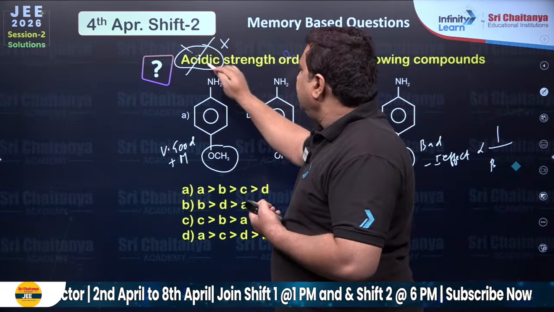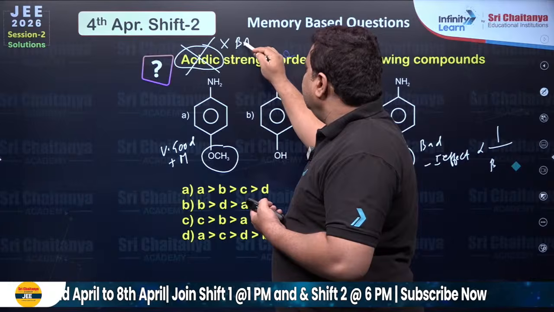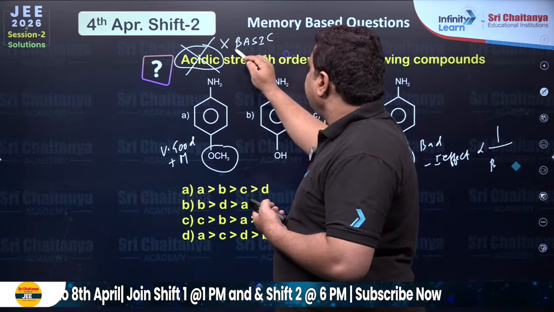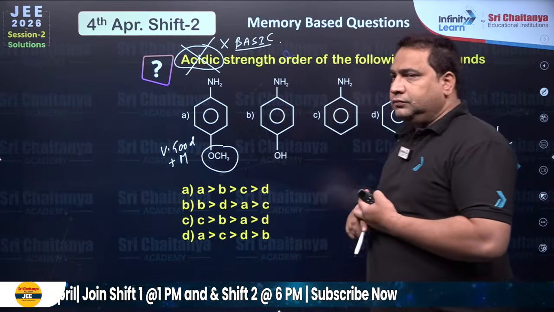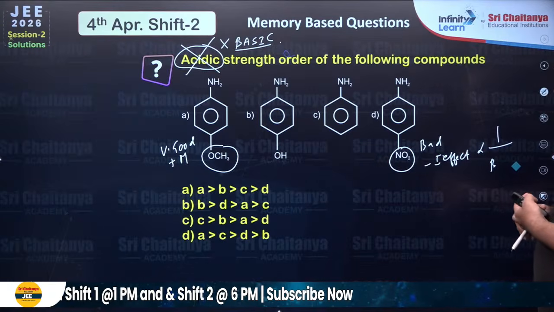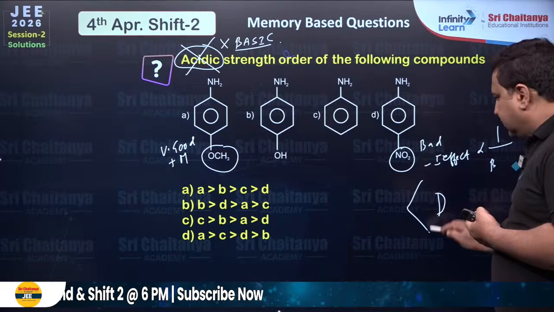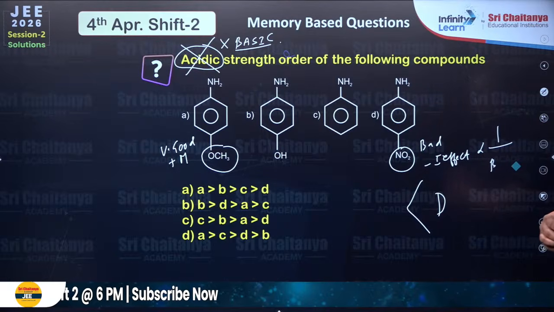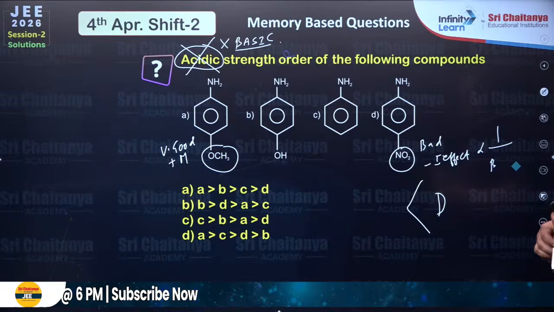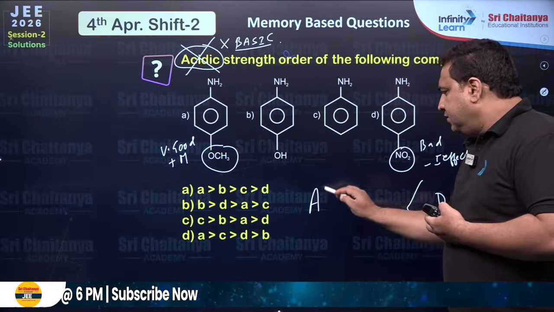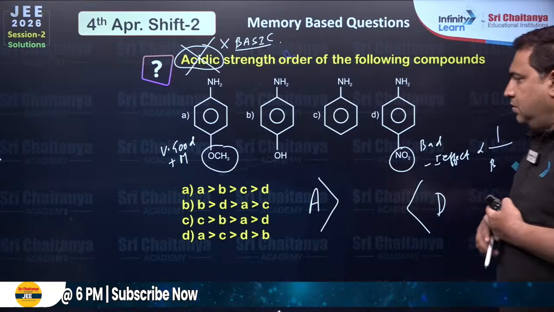So this is wrong. Here the word basic must come. These compounds will not ask. So hence D must be at last. Agree everyone? Agree? And A must be first. Right everyone?